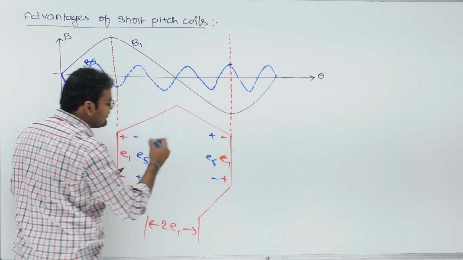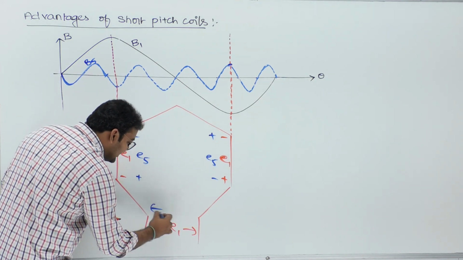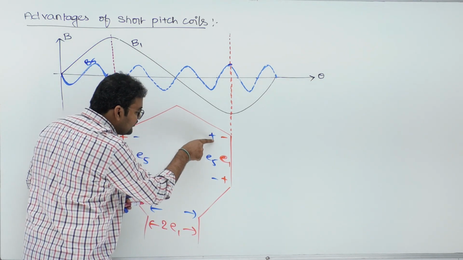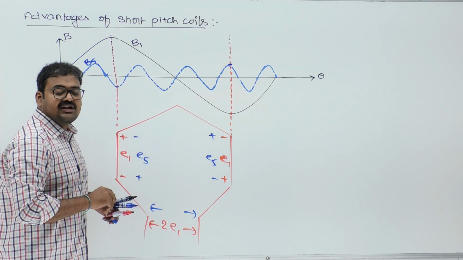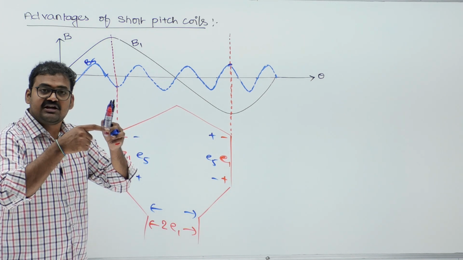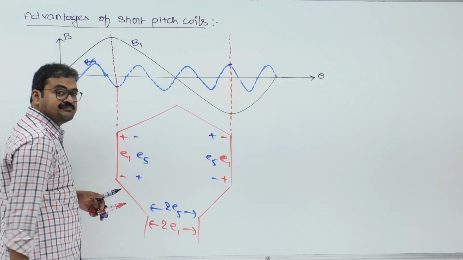Therefore, this is a fifth harmonic voltage. Now you tell me what is the resultant fifth harmonic voltage here? You see, this is negative. Negative is connected to positive. When negative is connected to positive, voltages are aiding or subtracting? When two opposite polarities are connected, definitely voltages are aiding. Therefore, the resultant voltage is 2E5.